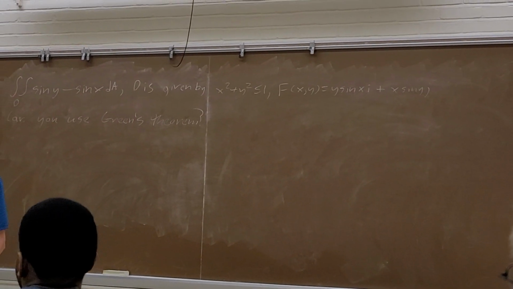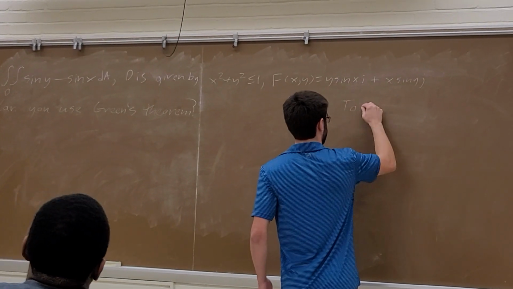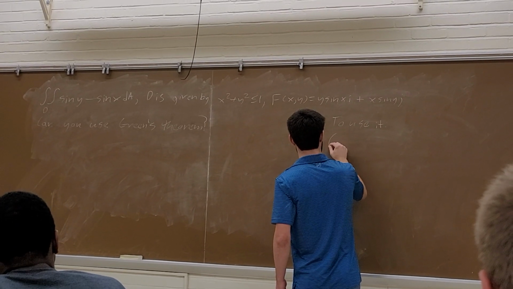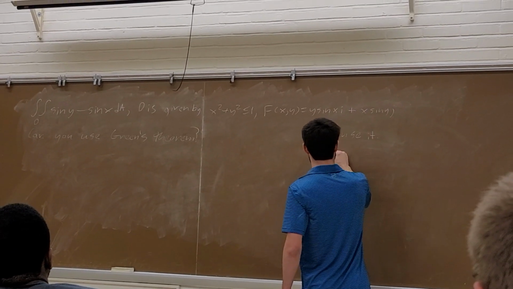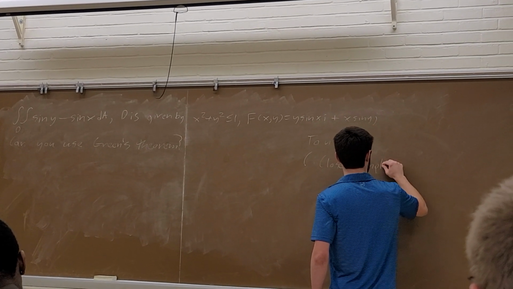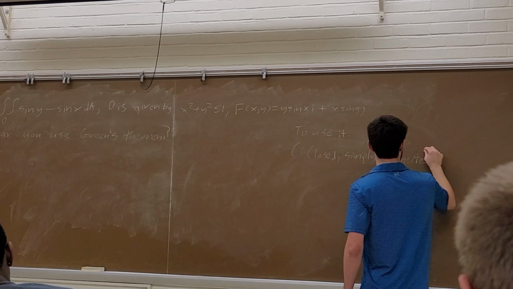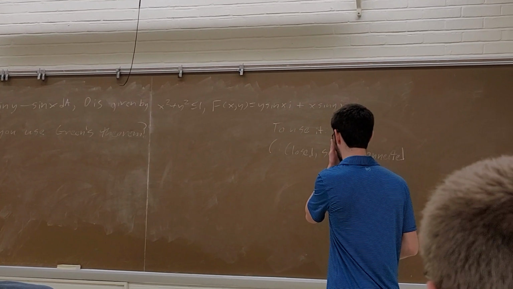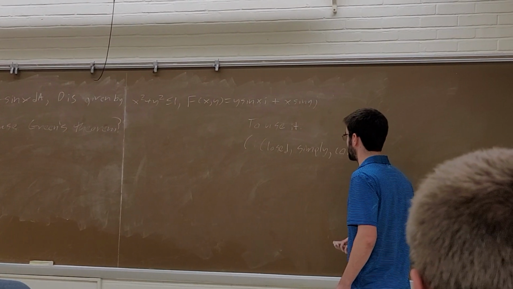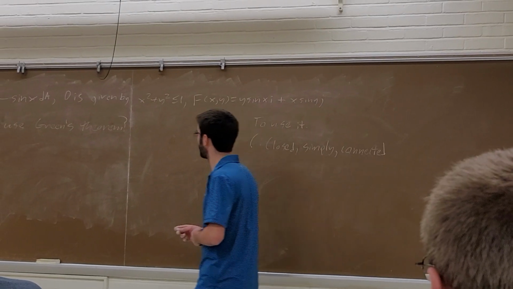Question is, can we use Green's theorem? To use Green's theorem, the curve C that's bounding D has to be closed and simply connected, simply meaning that it doesn't intersect itself. We can check that.